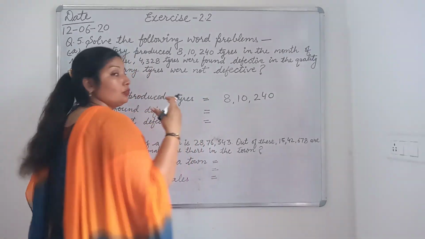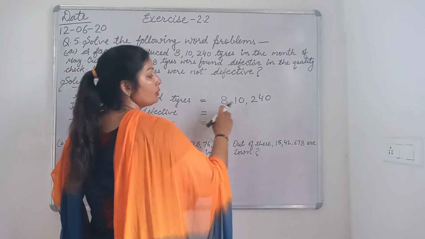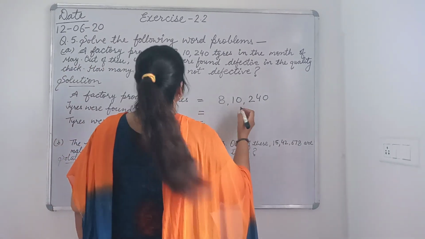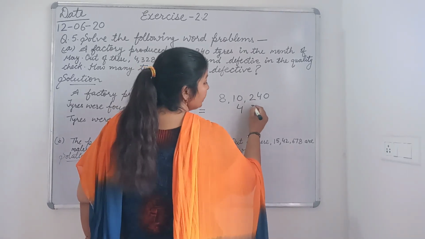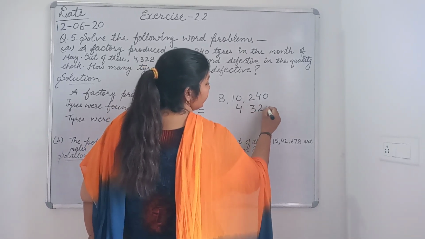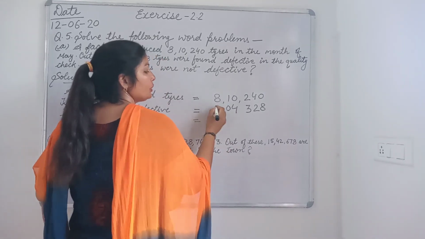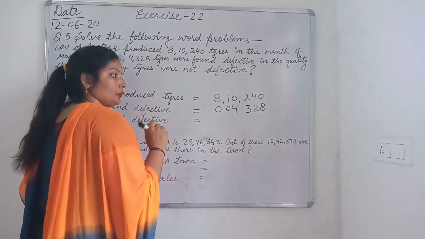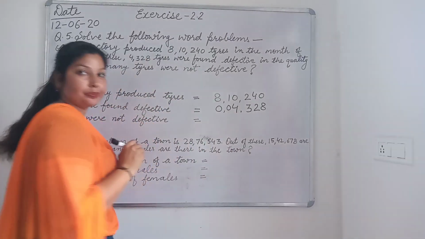In the thousand column we write 4. We leave the lakhs column and the 10,000 column, so we make them 0. These are found defective.